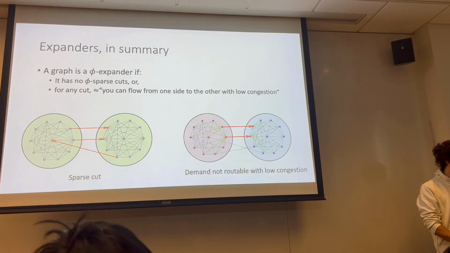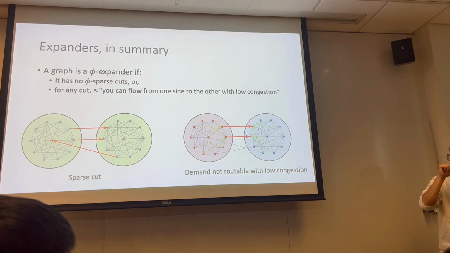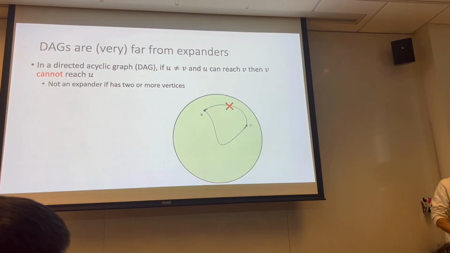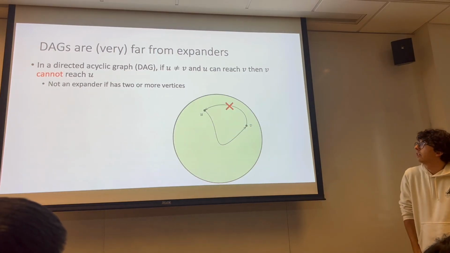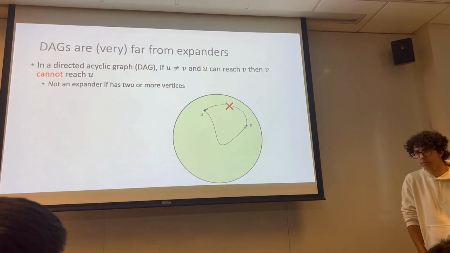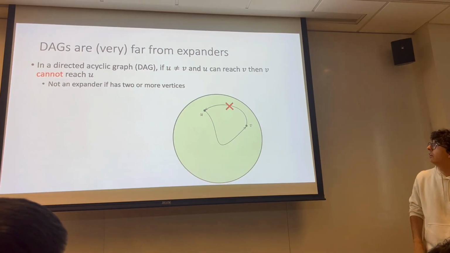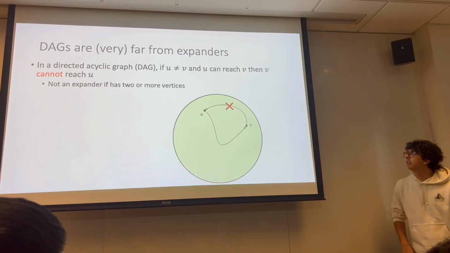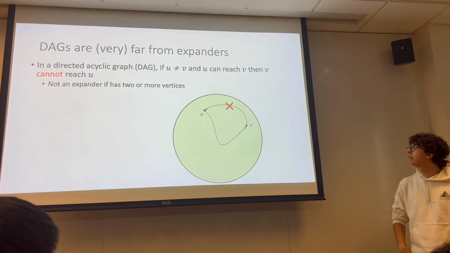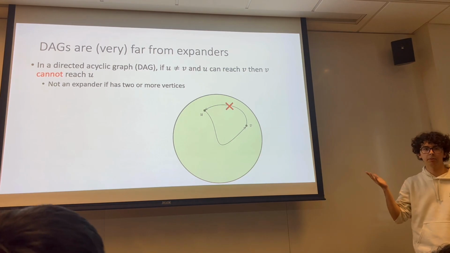Okay. So because I'm going to talk about directed graphs, there's an important non-example of an expander here, which is a DAG. A DAG, a directed acyclic graph, is just a directed graph with no cycles. So if you have two different vertices in a DAG, say u and v, and u can reach v, v shouldn't be able to reach u because it would make a cycle, right?